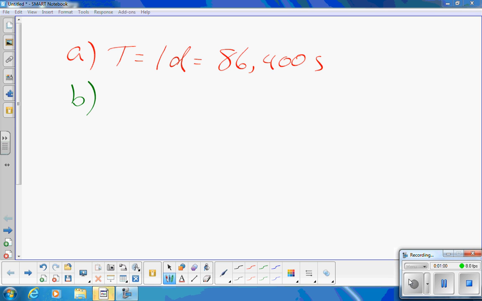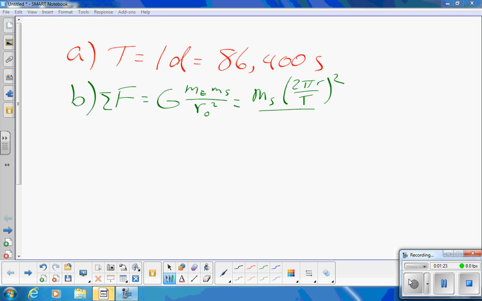I say that this thing's going in a circular path, and the net force on this satellite is G, mass of Earth, mass of satellite, over radius of orbit squared, and that is equal to mass of satellite times its acceleration, which is v squared over r, but v is 2 pi r over T, squared, over r.